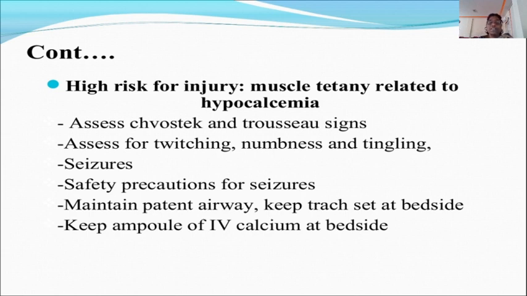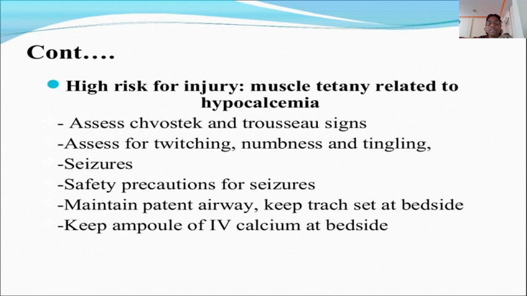If the patient is diagnosed with seizures, keeping the side rails up is very important. If the caregiver is not there, by providing side rails we can avoid falls. Because of that reason safety precautions are important.